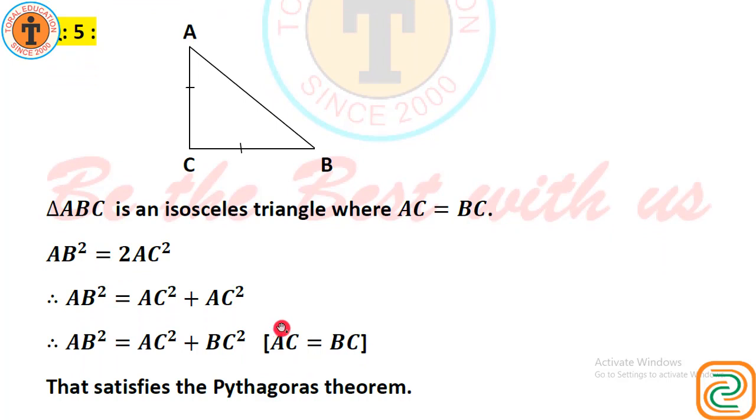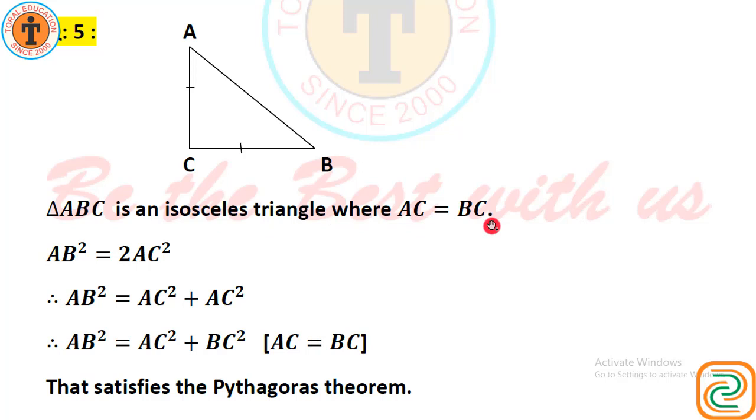ABC is an isosceles triangle with AC equals BC. If AB square equals 2AC square, prove that ABC is a right angle triangle. It is not given that C is a right angle, but it is given that AB square equals 2AC square and AC equals BC. So we have to prove the converse of question number 4.